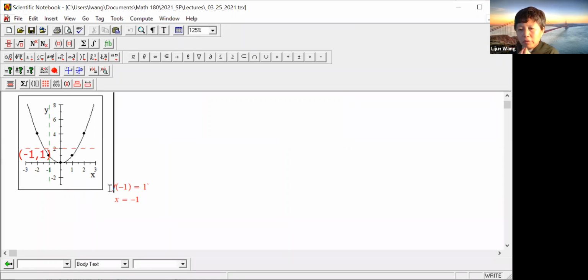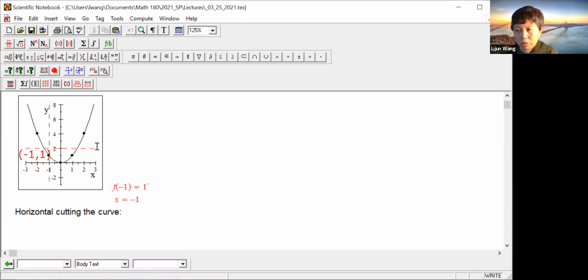You see, when we cut vertically, it's plugging in a number, plugging in the input. Horizontal cutting is cutting the curve, which is this red line.